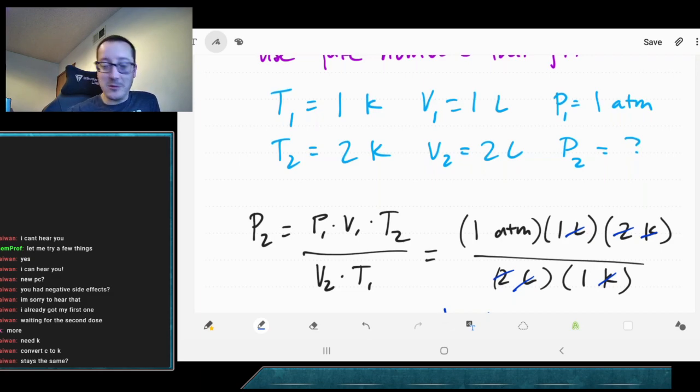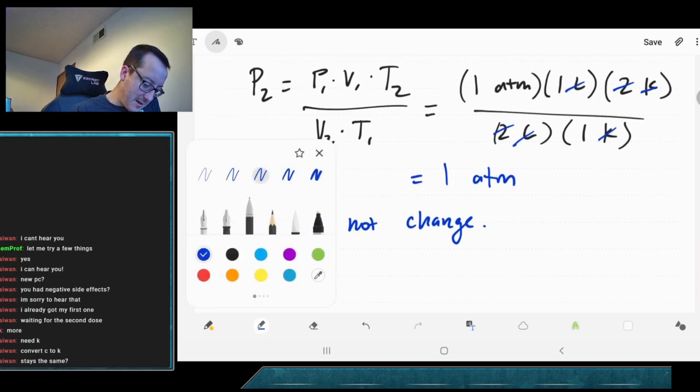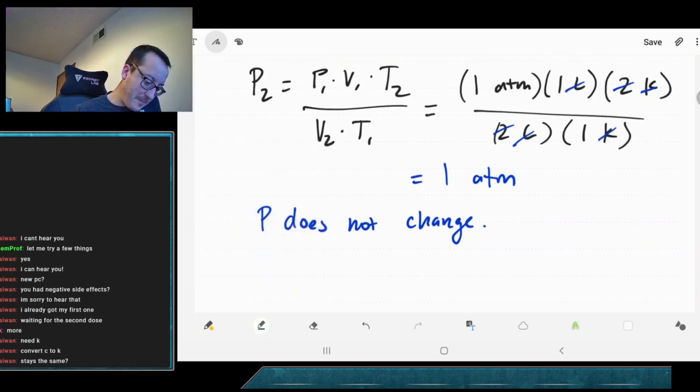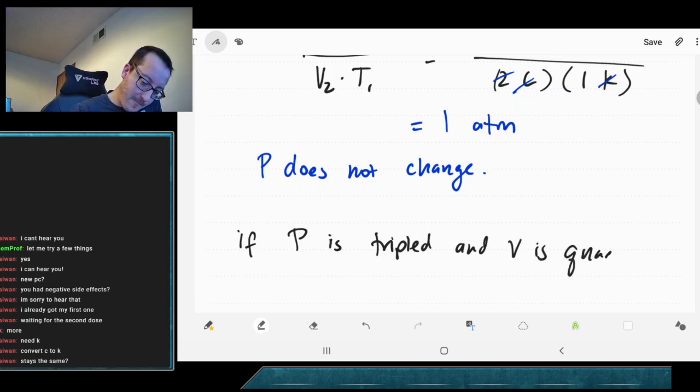While this one was perhaps a little bit easy, we can go ahead and do another one. If the pressure is tripled and volume is quadrupled, what happens to the temperature?